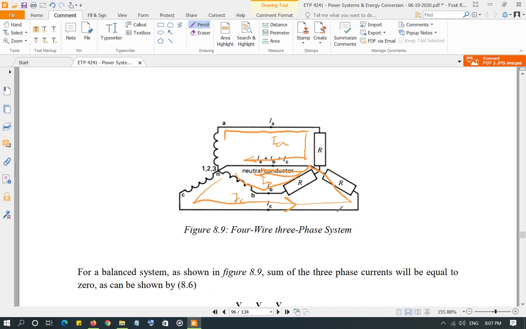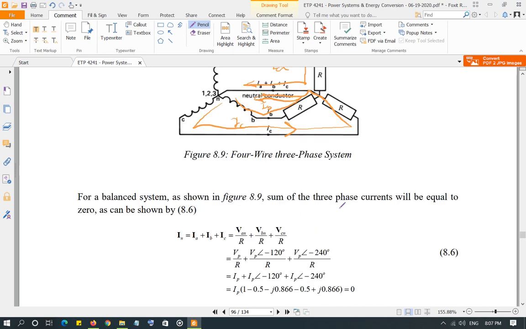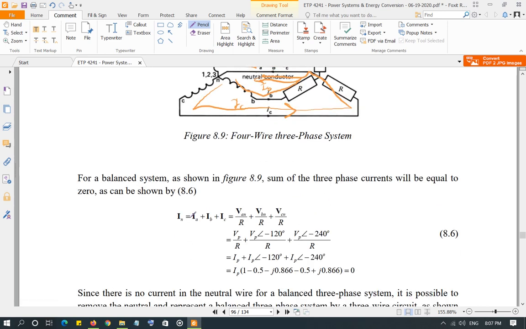Now for a balanced system, if you do the derivation of the sum of all three currents, IA plus IB plus IC, which we are calling I neutral, then IA is VAN over R, VBN over R is IB, and VCN over R is IC.